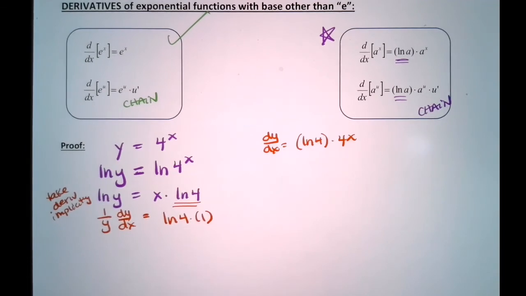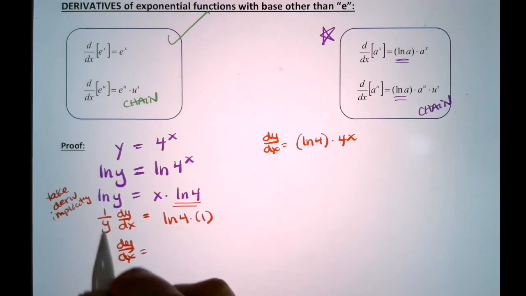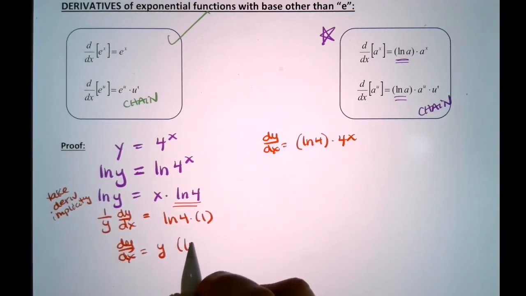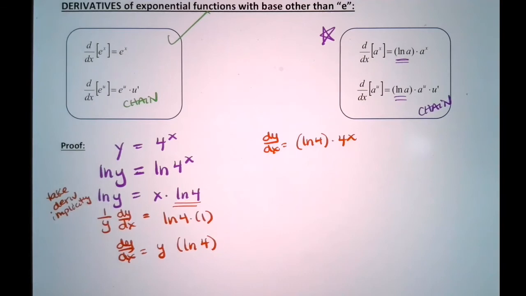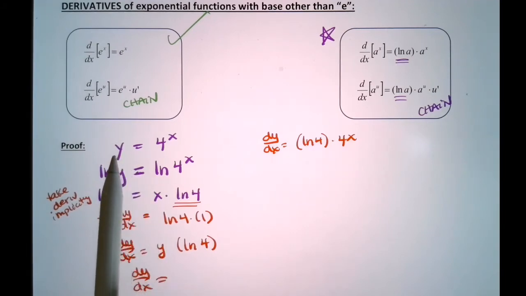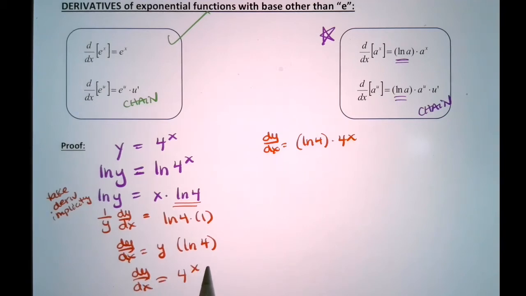I'm going to get dy/dx by itself here, so I'm just going to slide the y over. I don't need to write that 1. Now, technically, this is allowed in implicit differentiation, but we started out with y as a function of x. I should be able to get my derivative all in terms of the x variable, so I'm going to replace y with 4 to the x.